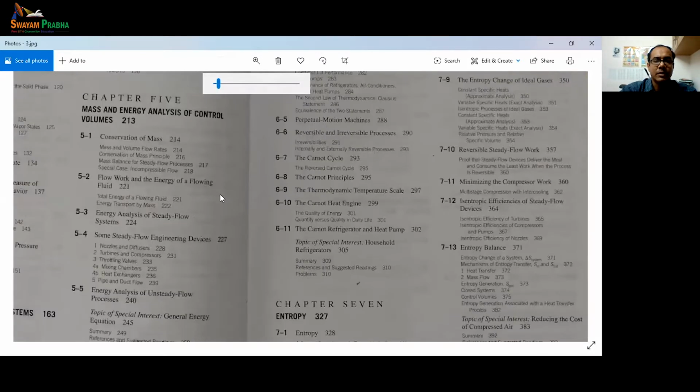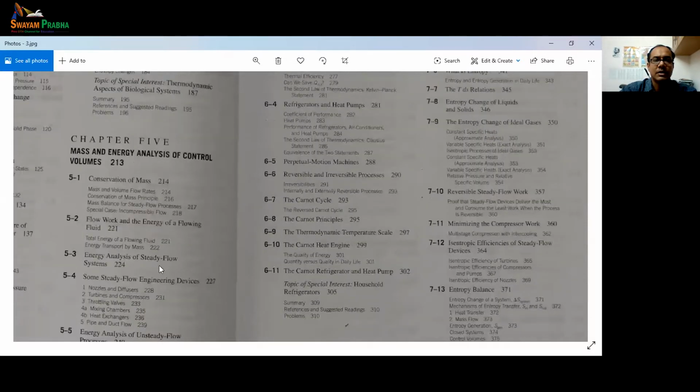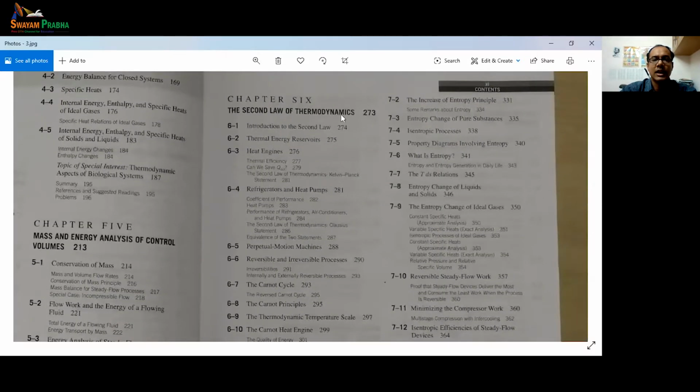solving problems from. And today, on the 7th session of the tutorial, we will solve 2 problems from this 5th chapter, that is control volume analysis, and then we will go to the next chapter, which is the second law of thermodynamics, chapter 6.